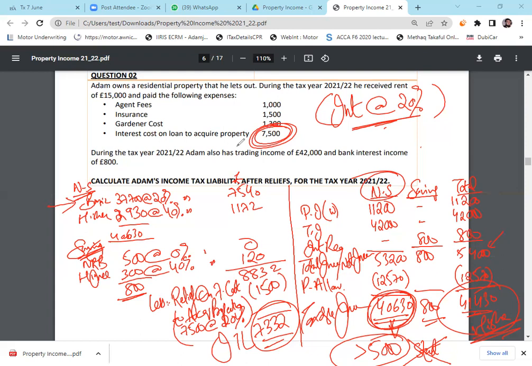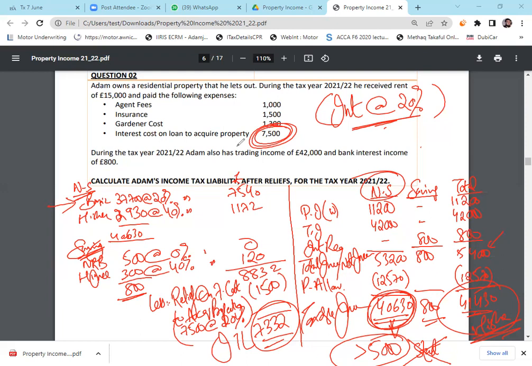See, Uzma, earlier 8,832 was called income tax liability. But if we have interest on a loan, and the loan was taken in order to acquire property, this interest is not an allowed expense from property income. As you saw, we wrote zero while calculating property income. So interest cost to acquire property is not an allowed expense.